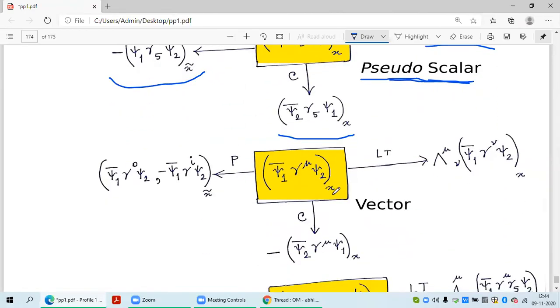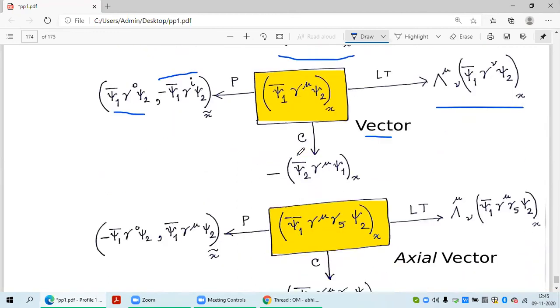Similarly, this object, you can check that under Lorentz transformation, it transforms the same way as the coordinates. Therefore, it is a vector. And under parity, its space part and time part transform separately. You can check previous class notes. So the time part remains the same, the space part flips sign.